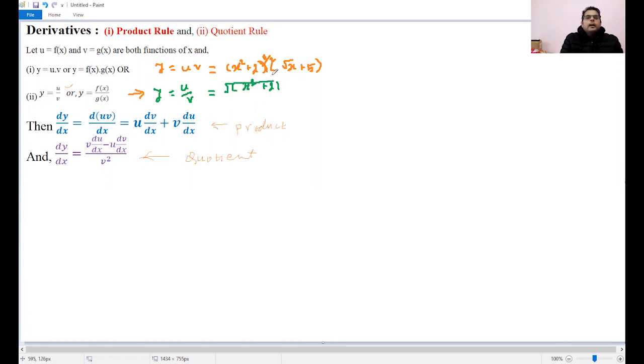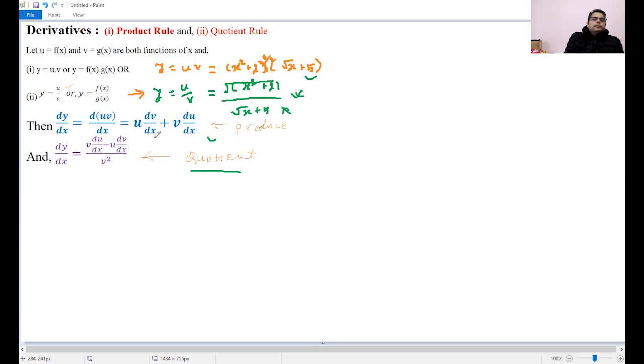All right, and instead of multiplying, now you divide by another function of x, that is root x plus 5. Okay, so these sorts of things are quotients. So in order to find the derivative, that means dy by dx for a function like this, we have to use the quotient rule. And if you are going to find the derivative of a function like this product, you have to use the product rule.